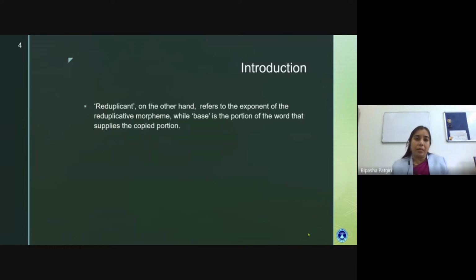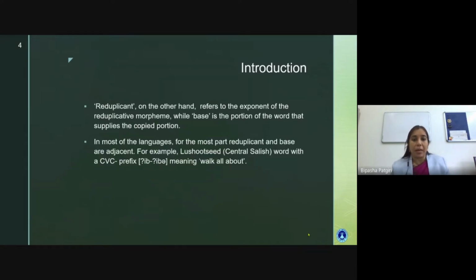The reduplicant, the crux of this word formation process, or rather morphophonological process, refers to the exponent of the reduplicative morpheme, while the base is the portion of the word that supplies the copied portion. So the base supplies the material that is to be reduplicated in the reduplicant.